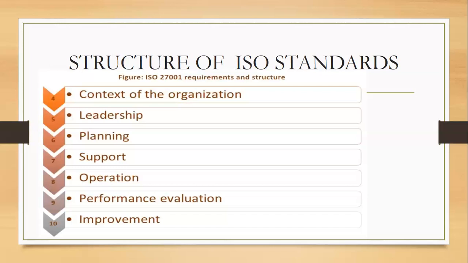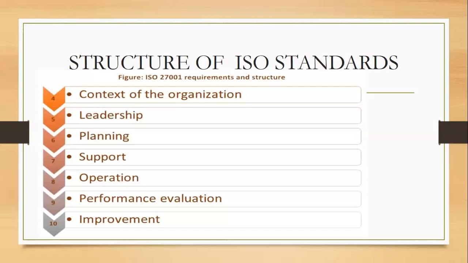Then you have D, which is do. That is operation, mapped to clause 8. Check means: what you have done, check it. How do you check? With internal audit, management review, and so on. So check is mapped to clause 9. Then improvement is mapped to clause 10, which is Act.